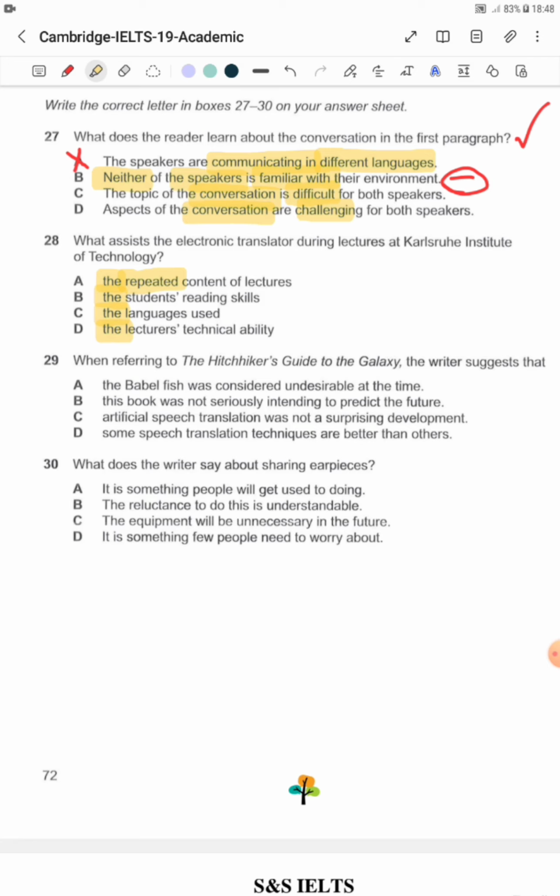I have told you that in this combination, the noun followed by of is more important than the noun following of. The first noun is more important than the second. So technical ability of the lectures, technical ability is more important than lectures.